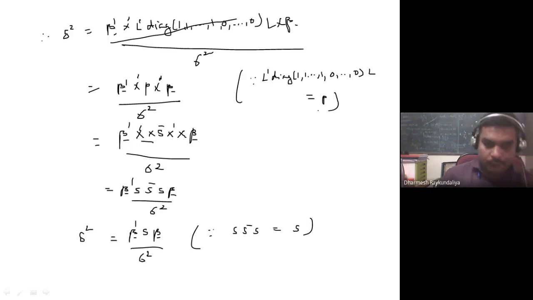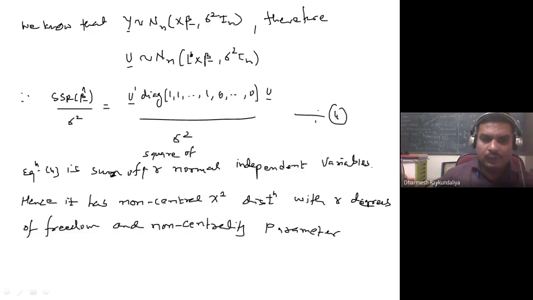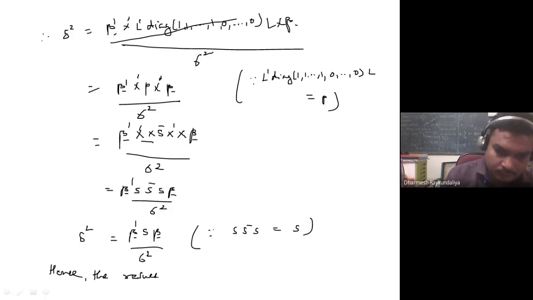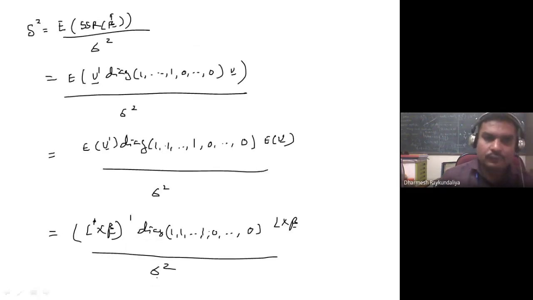So we have the result: SSR beta cap is distributed as a non-central chi-square with r degrees of freedom, and the non-centrality parameter is delta square. You can see the theorem again.